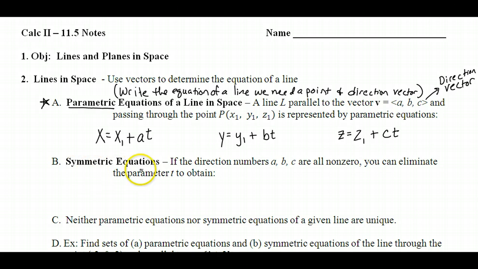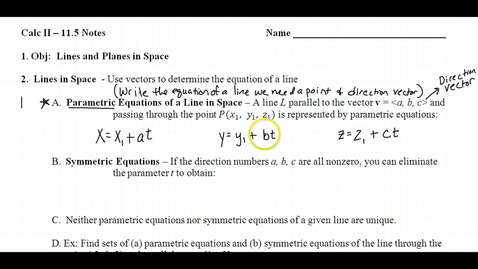We can write a symmetric equation if our direction numbers a, b, and c are all non-zero. We can do this because we can eliminate the parameter t. Basically, I'm going to solve everything for t, and as long as a, b, and c are not 0, t will be involved in every equation. But if one of them is 0, let's say a is 0, then you don't have t for that portion of your parametric equation.